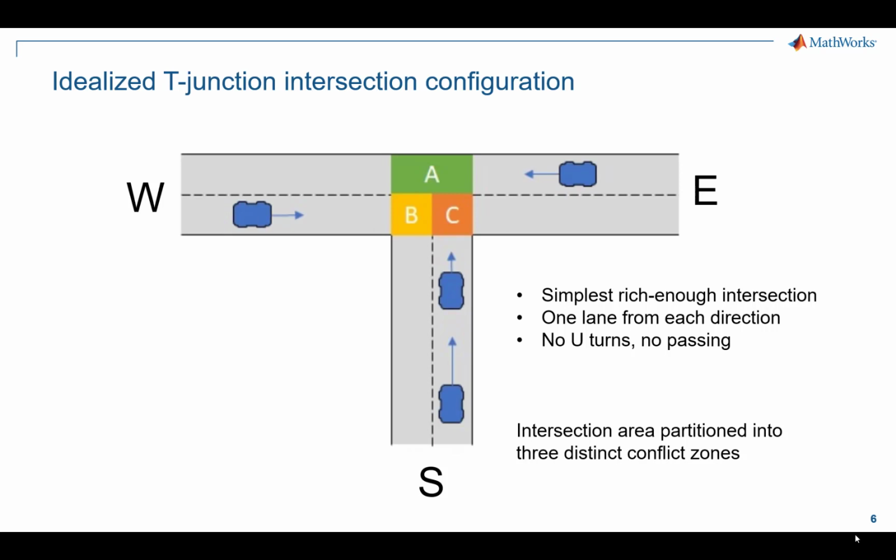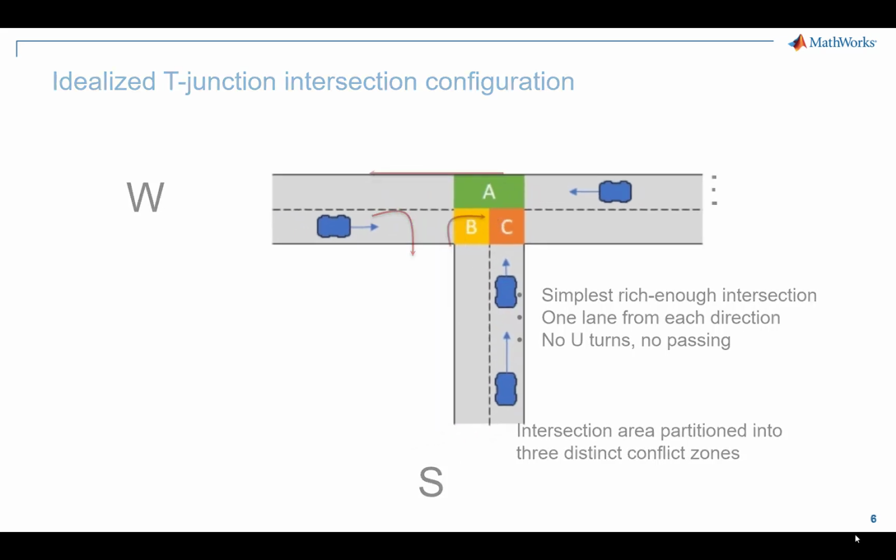The intersection area is the one in the center, which is partitioned into three distinct conflict zones. And the benefit of doing that is really that for pairwise trajectories that are not in conflict with each other, more than one car can navigate the intersection at the same time. For example, these two, and in the best case, all three.